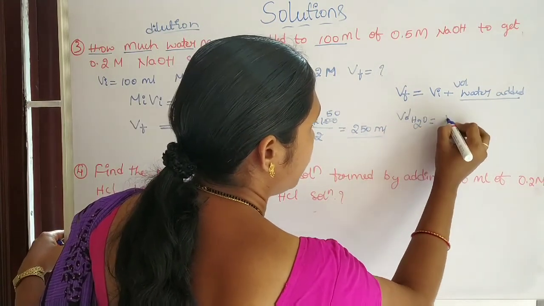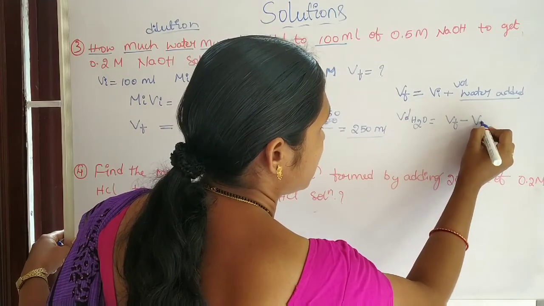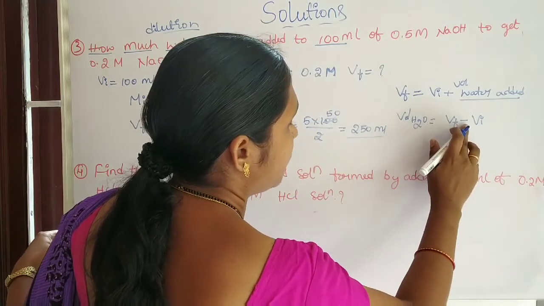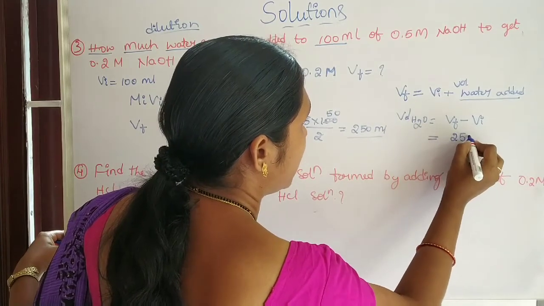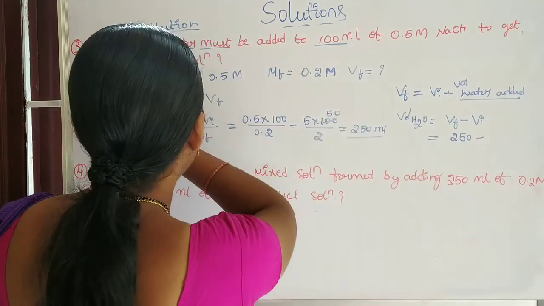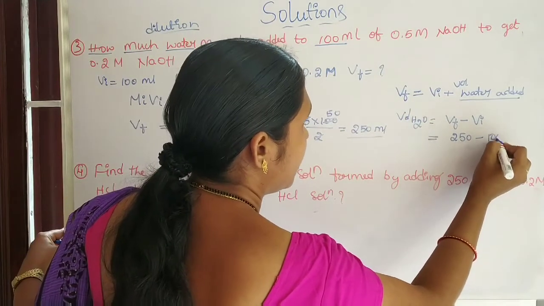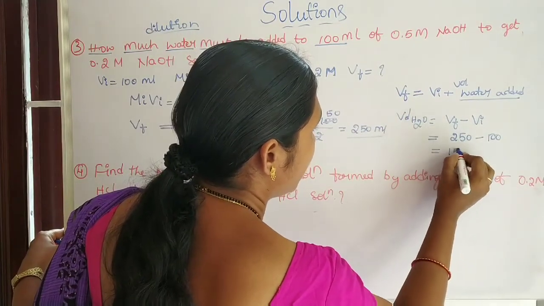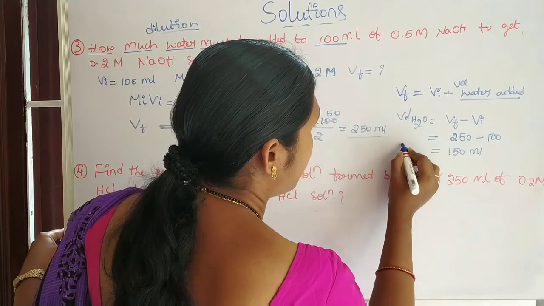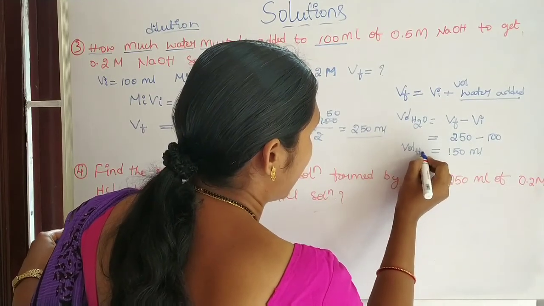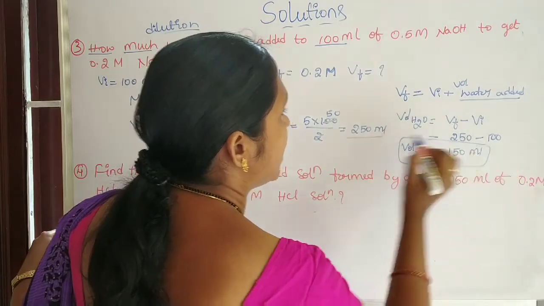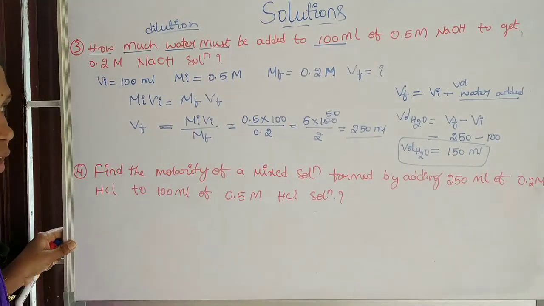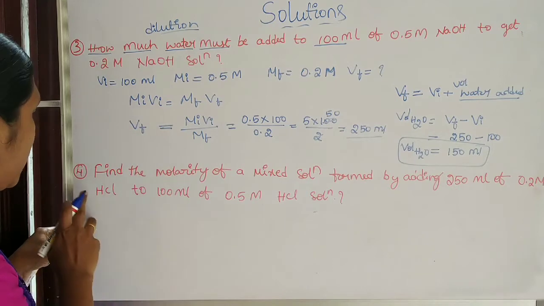That equals volume of final minus volume of initial. That equals 250, the final volume, minus the initial volume 100. So that equals 150 ml. How much volume of water is added? 150 ml of water is added. Okay, see the next one.